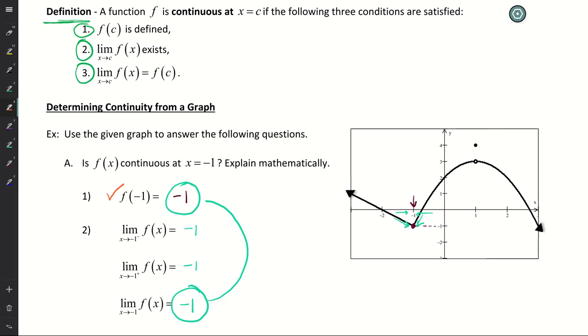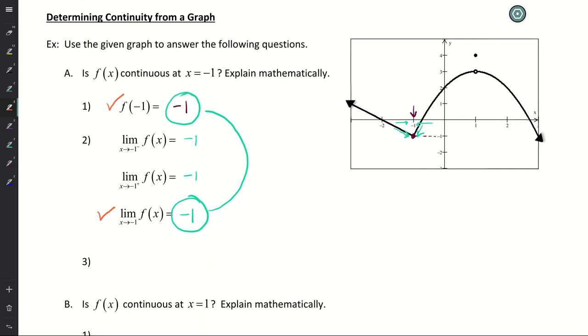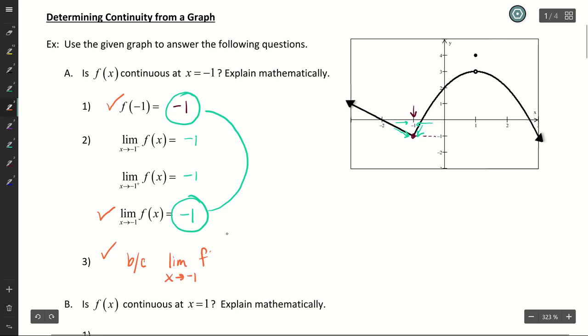Well, not only does it exist, but it also equals the function value at -1. And so that makes up our third qualification. This one is met because we can see that the limit as x approaches -1 of f of x is actually equal to the function value at -1, since these up here match.